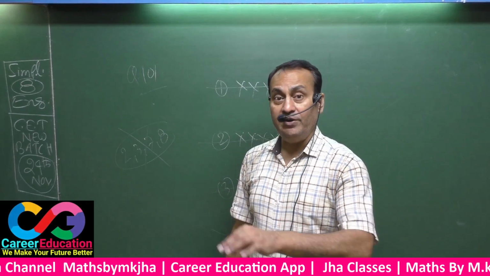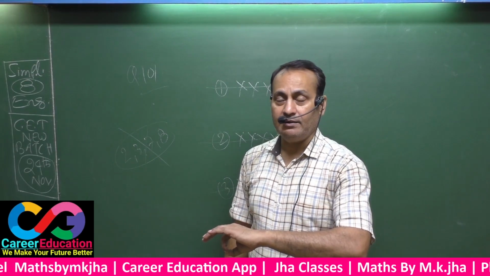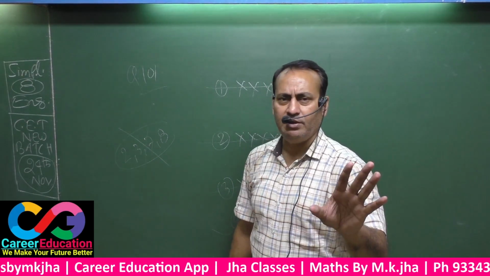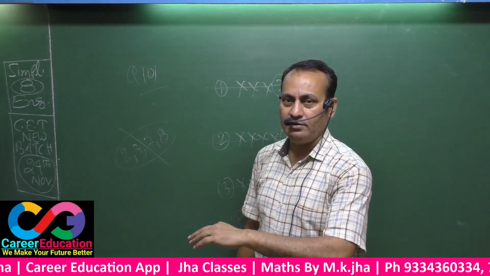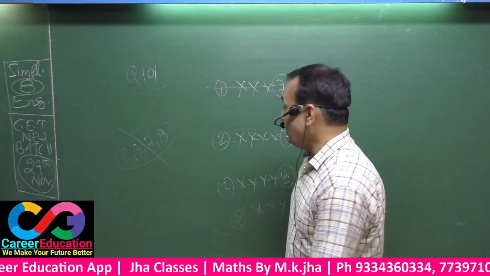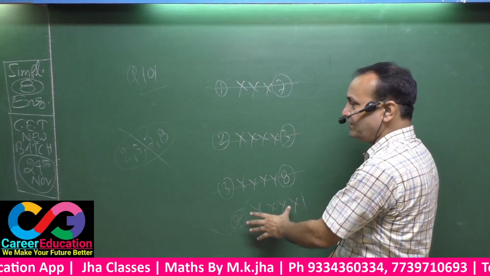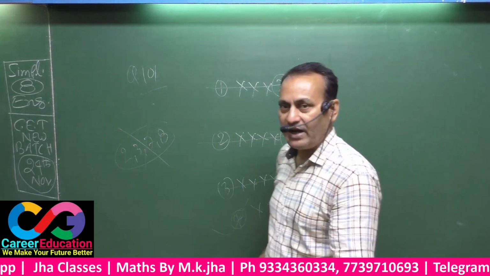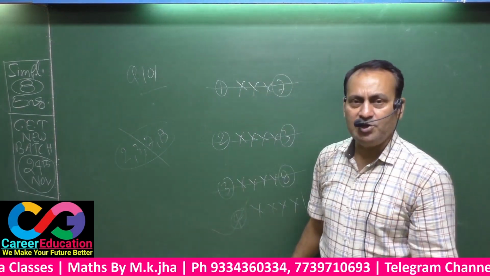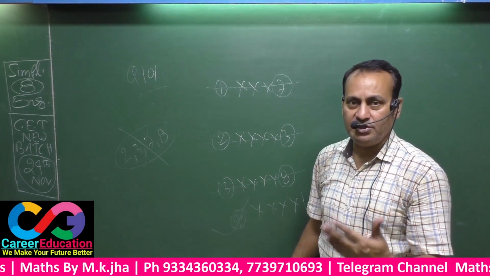In order to be a perfect square number, the unit place must not be 2, 3, 7 or 8. This is your rule. That means you have to point out one of them as a square number. Certainly at unit place must not be 2, 3, 7 or 8.